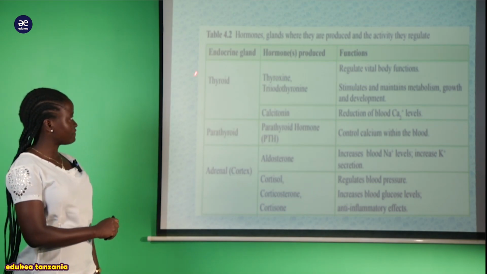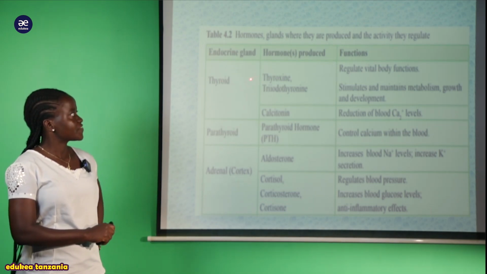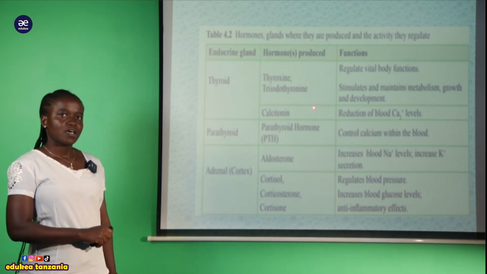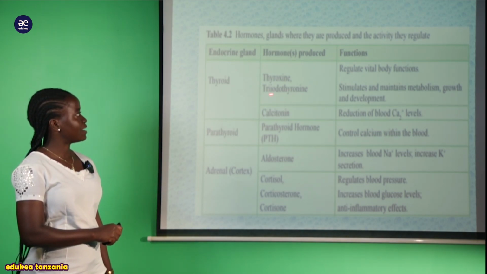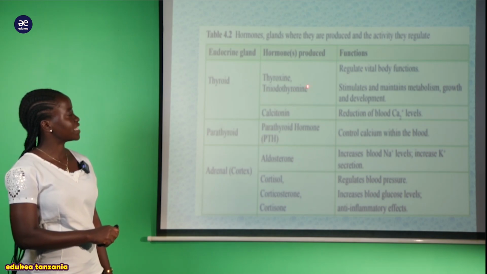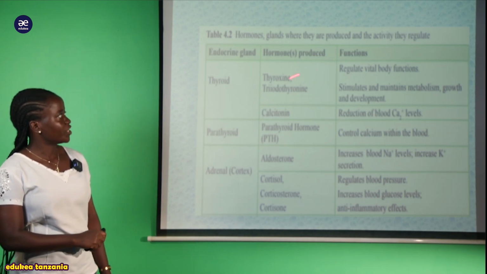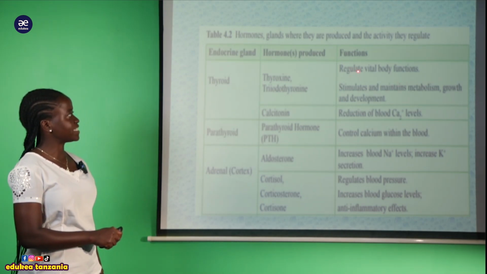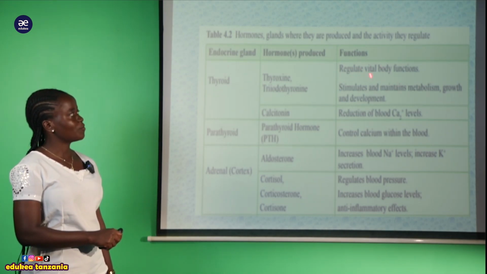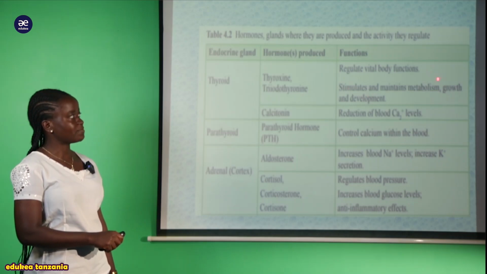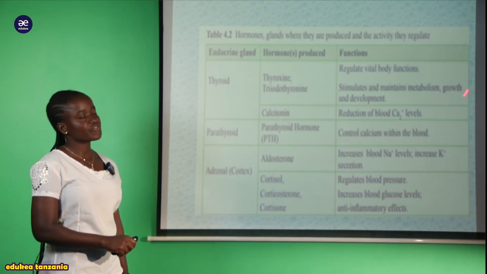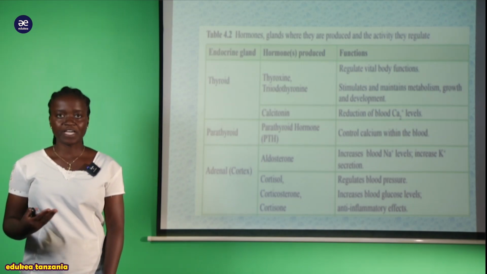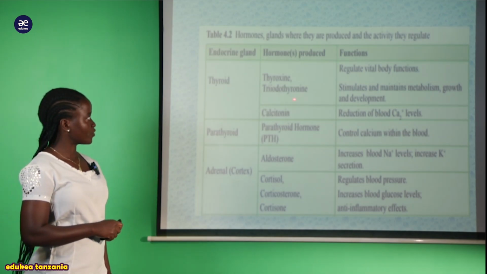This thyroid gland produces a hormone called thyroxine, or thyroidine. This thyroxine is responsible for regulating vital body functions, but also to stimulate and maintain metabolism, that is growth and development. It is what brings about development of the body. That is the thyroxine hormone.